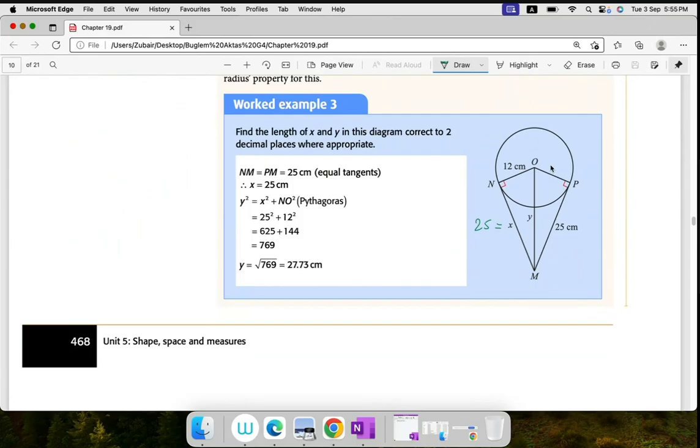And without solving this is 12. That was actually not needed. So x is 25, and to calculate y we can use Pythagoras theorem. Y is the longest side opposite to 90 degrees. So y square is equal to 25 square plus 12 square, and simplifies to square root 769.